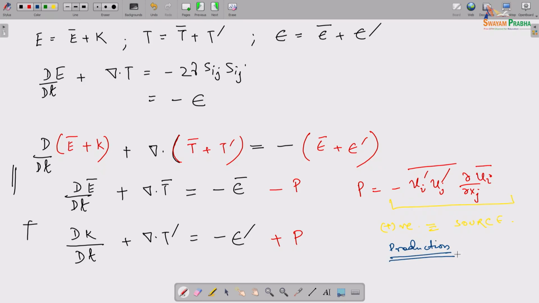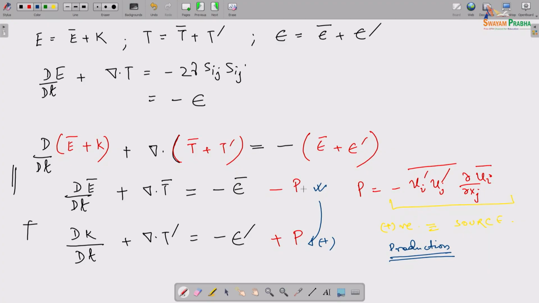Now if I see the equation here, what I'm doing is taking this production and subtracting it from this equation, and adding it to this one.